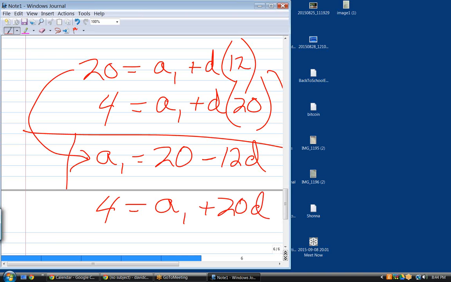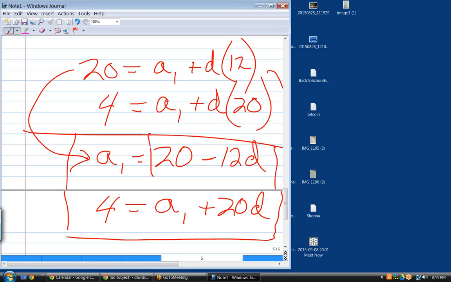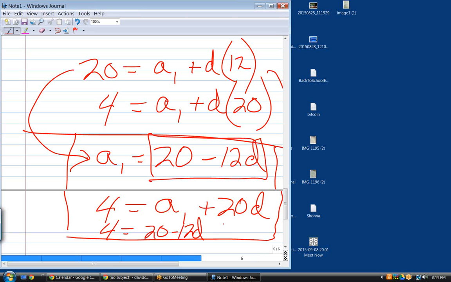Now this system is more easily solved by substitution because a sub 1 is fully defined. It's 20 minus 12D, so wherever I find a sub 1, I'm going to substitute that. So I'll have 4 equals 20 minus 12D plus 20D, and now I can solve for D.